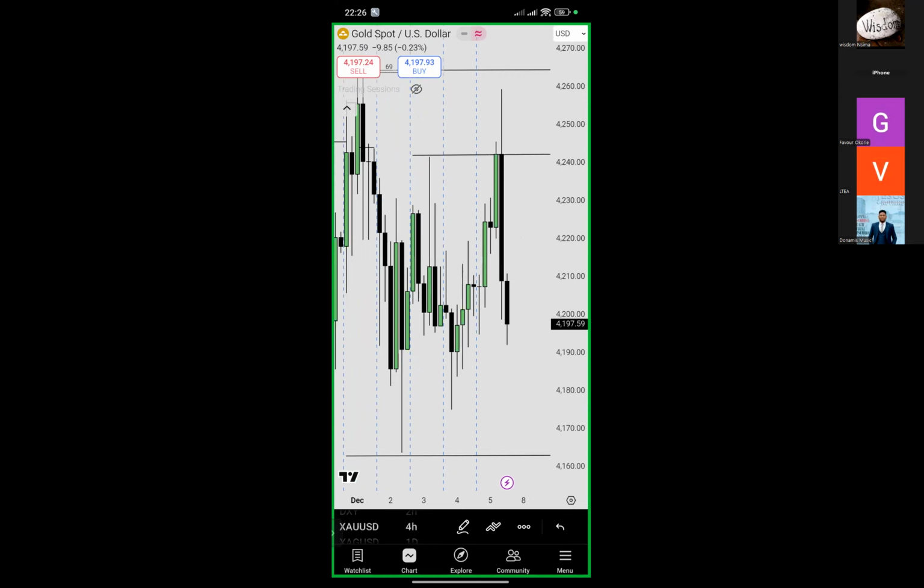So every part of these candles matters, right? It does matter. So we're not going to say it doesn't matter. If you go to a line chart, you will not find these wicks.